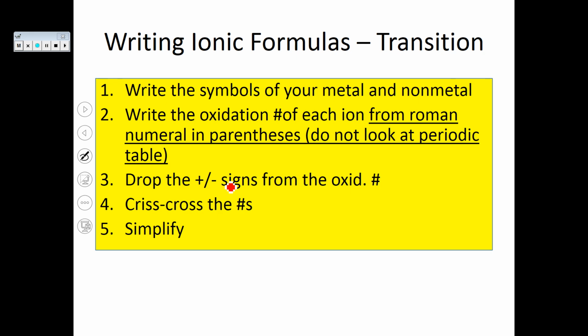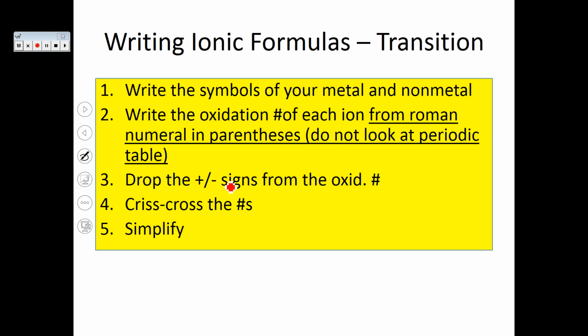So to write the formula for ionic compounds with a transition metal, it's the same rules that we saw yesterday. You write the symbol of your metal and your nonmetal. You write the oxidation number of each ion. For the transition metal, though, the oxidation number will not be found on the periodic table. It will be given in Roman numeral in parentheses in the name.